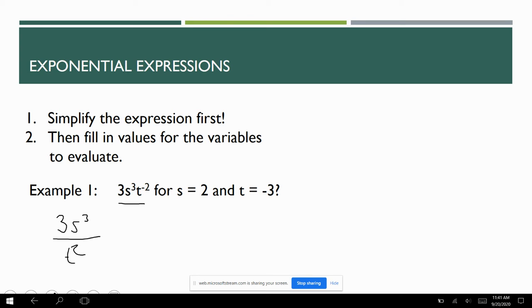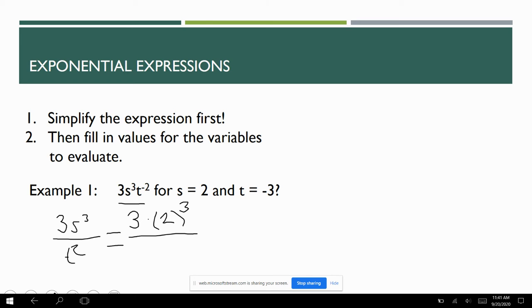Now that we have simplified this expression, this is where we plug our variables in. So our numerator has the 3, which is still part of our multiplication, times s cubed. Well, s is 2, so this is going to be times 2 to the third power, over t, negative 3, squared.